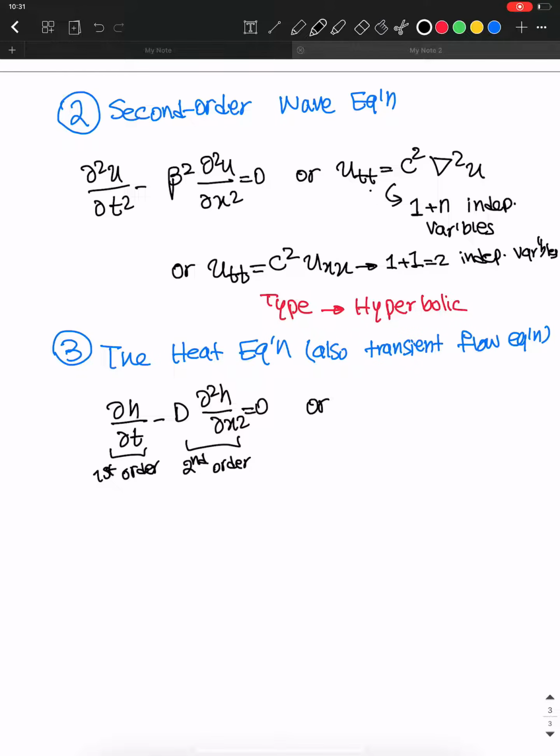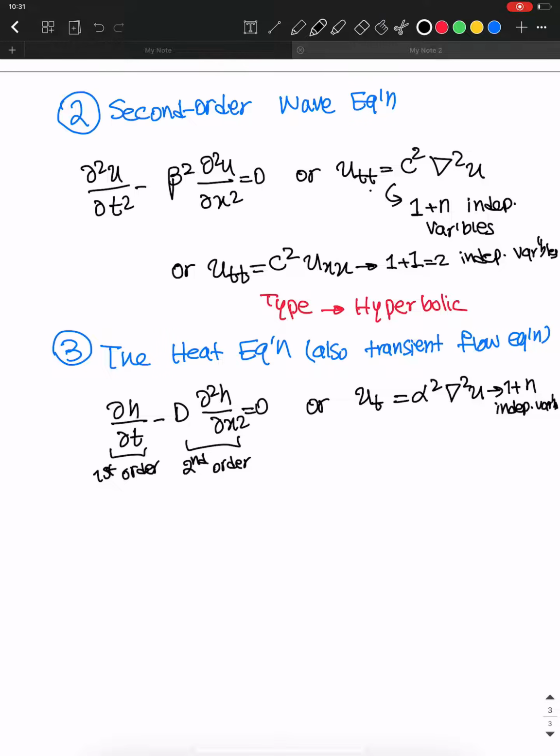Or we can write it as ut equals alpha square grad square u. Again, this is the general form, and this has 1 plus n independent variables, because 1 is time and n is from u.